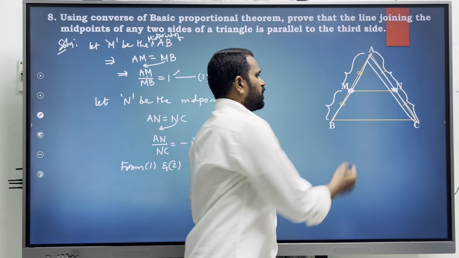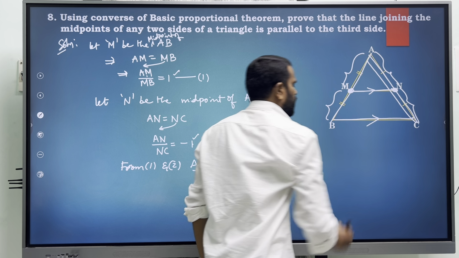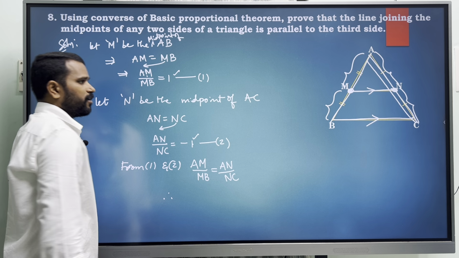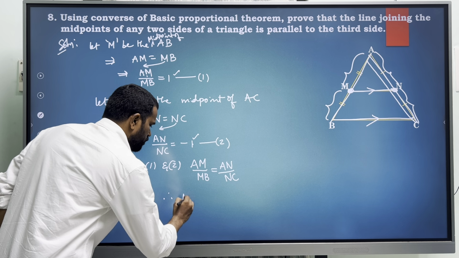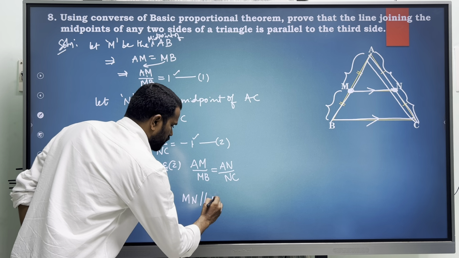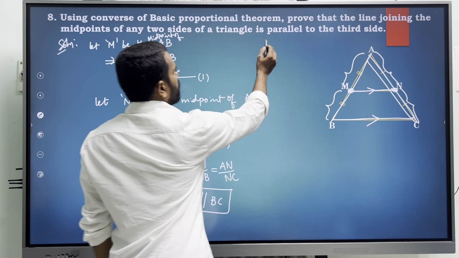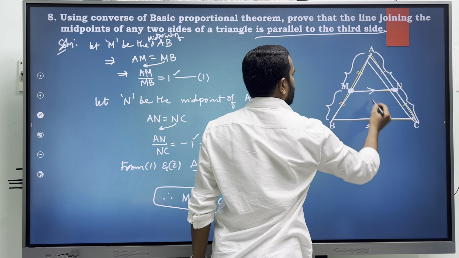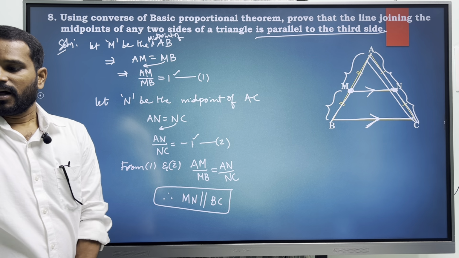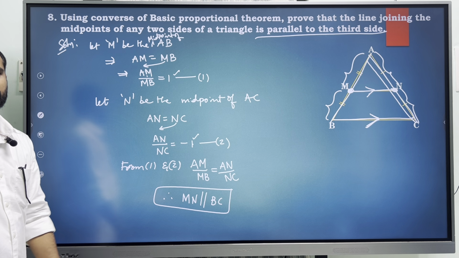Therefore, the line joining these two points should be parallel to the third side. Therefore, MN parallel to BC. This is how we can prove this particular question.